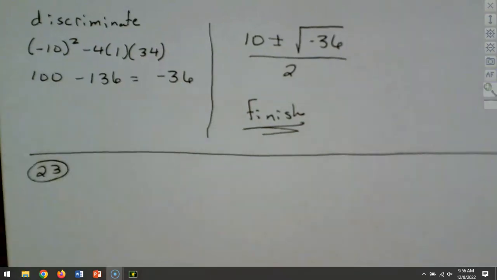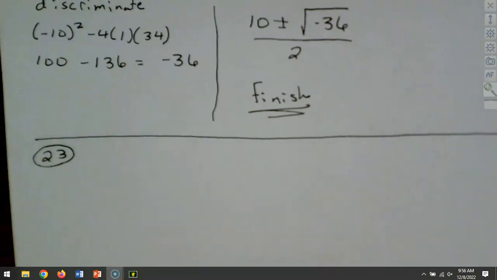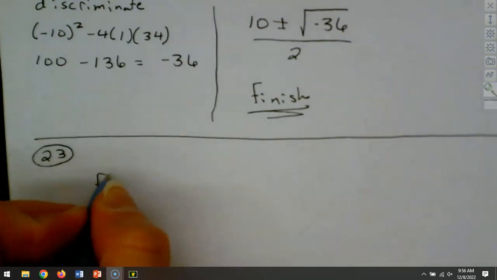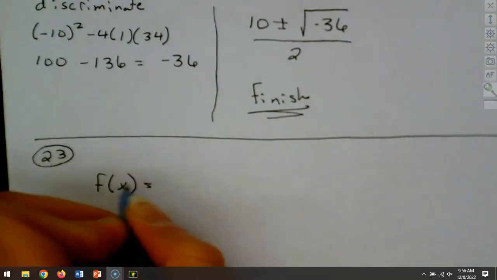Question 23. Okay. Question 23 is a graphing one, and I keep this one on the final as well.